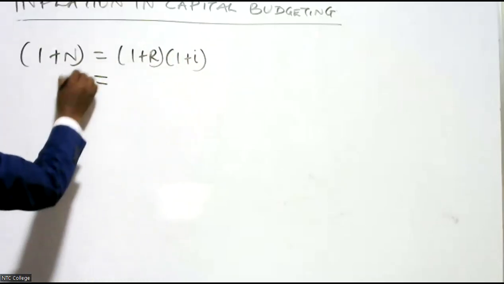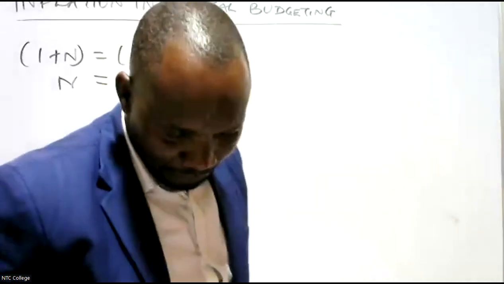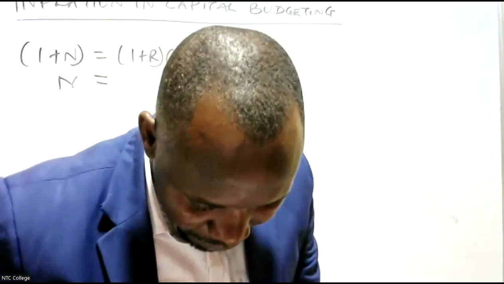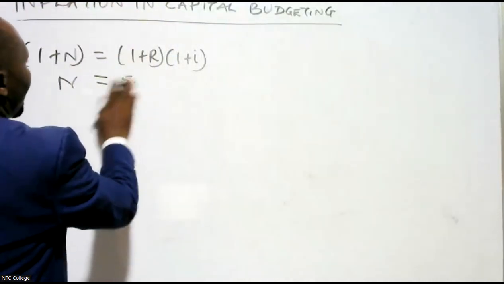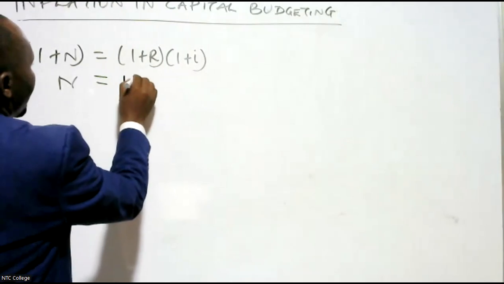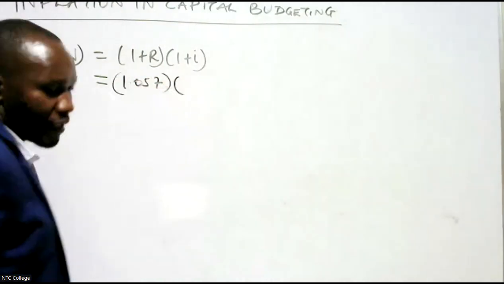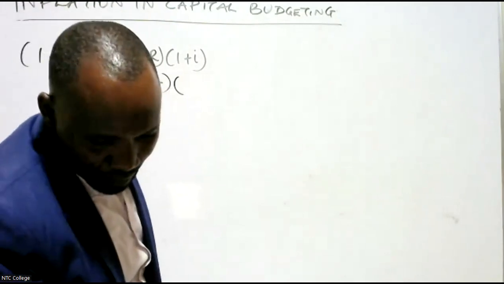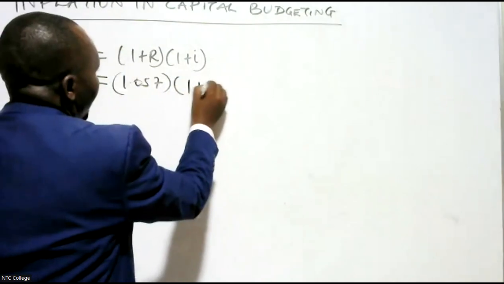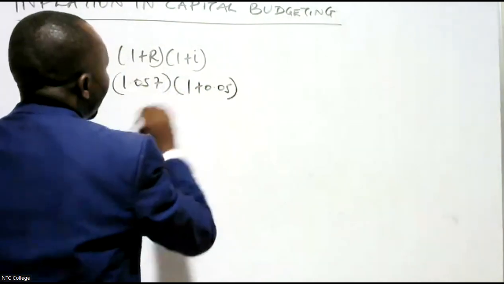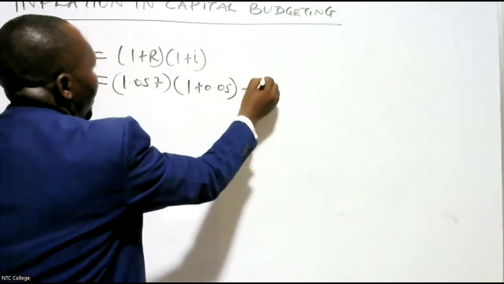The real cost of capital is given as 5.7%, so we have 1.057. The inflation rate is given, general inflation is 5%, so times 1.05, minus 1.